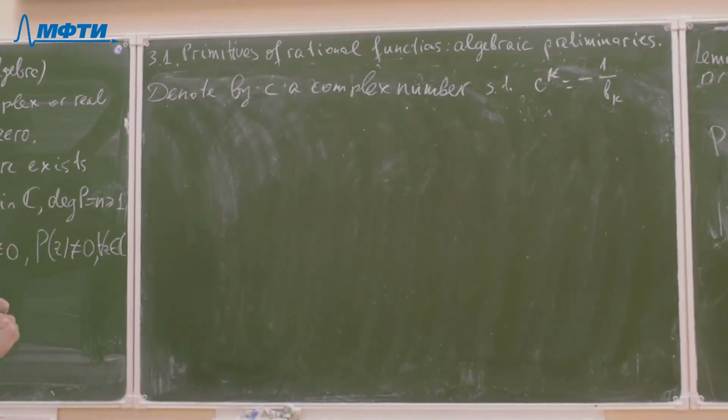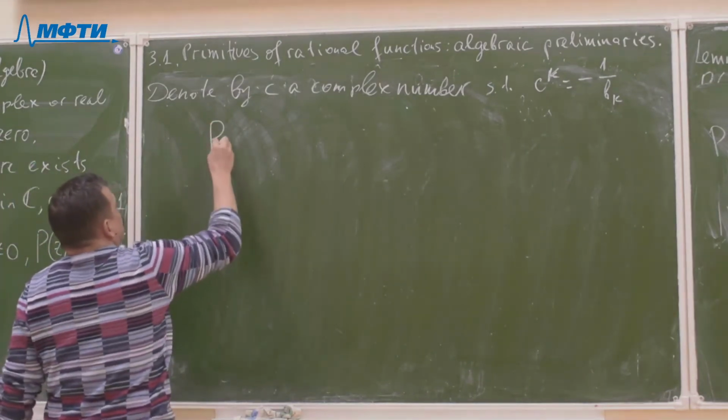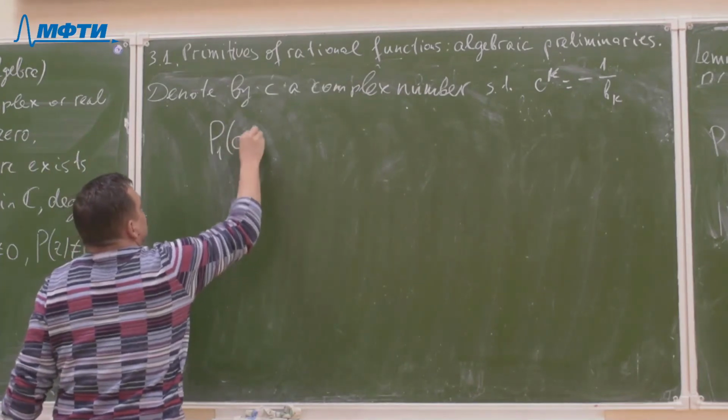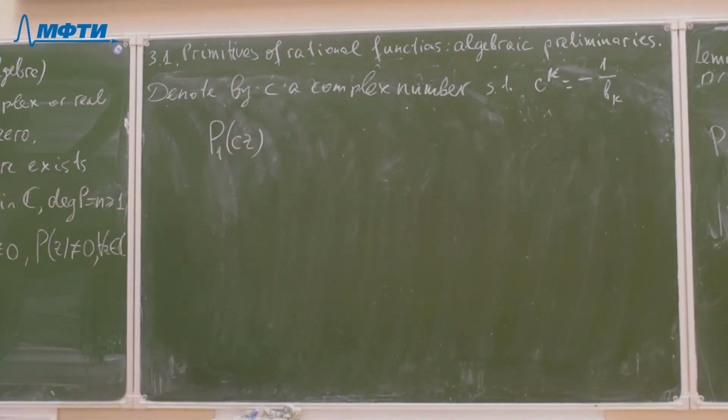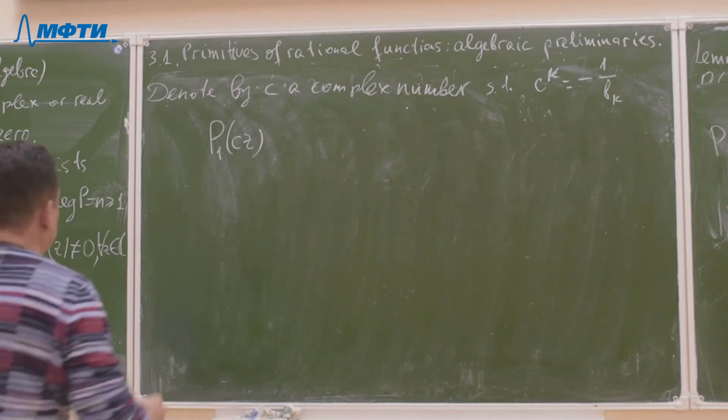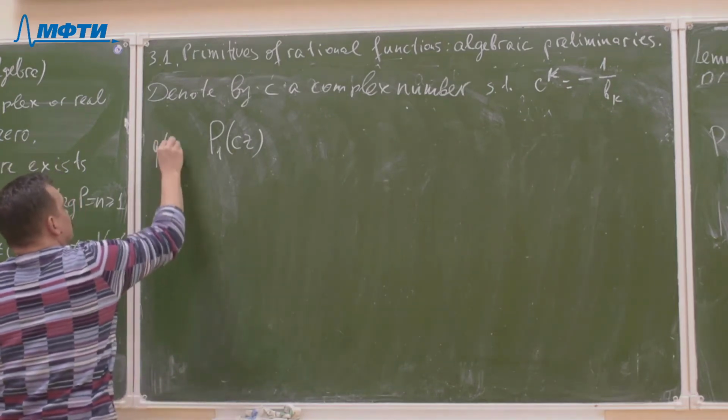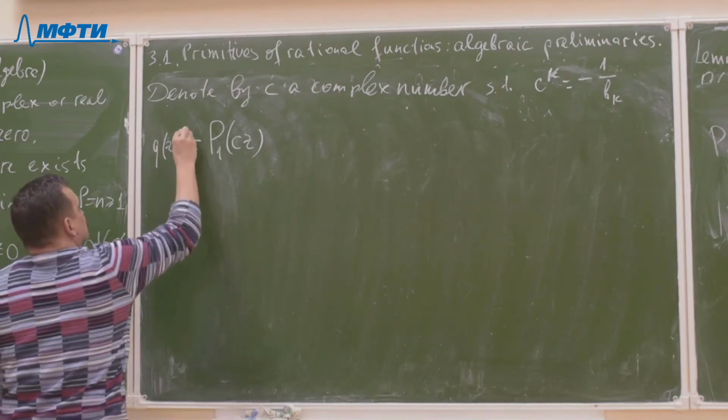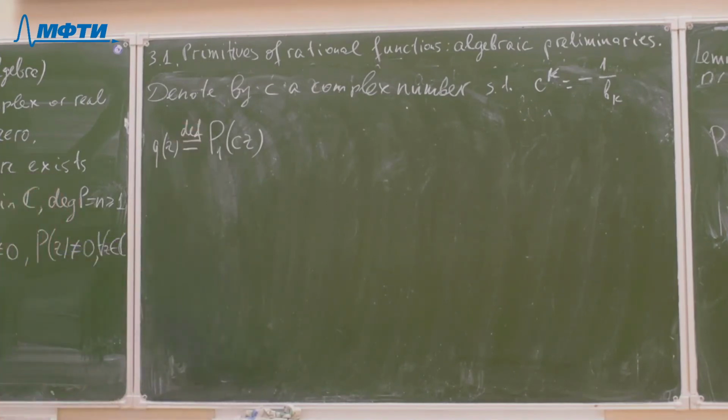Now, one more notation. I should consider the polynomial P1 of cz, and I will denote it Q. Q of z is equal by definition to P1 of cz.